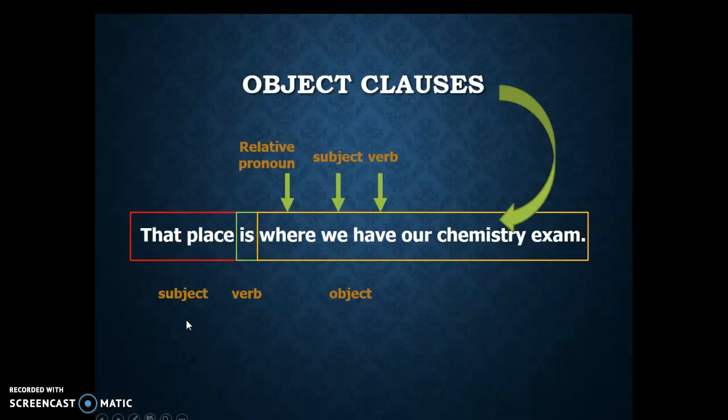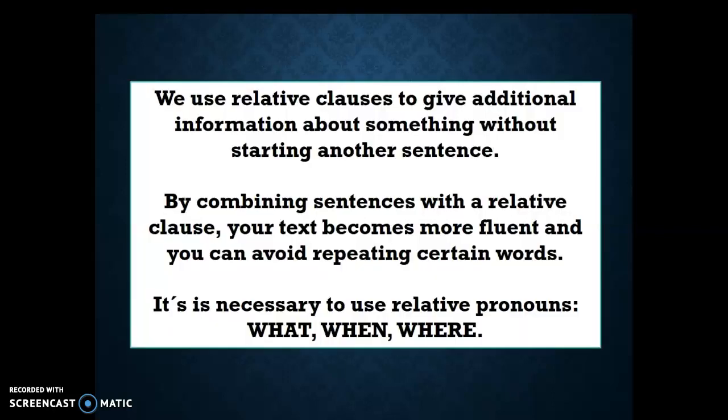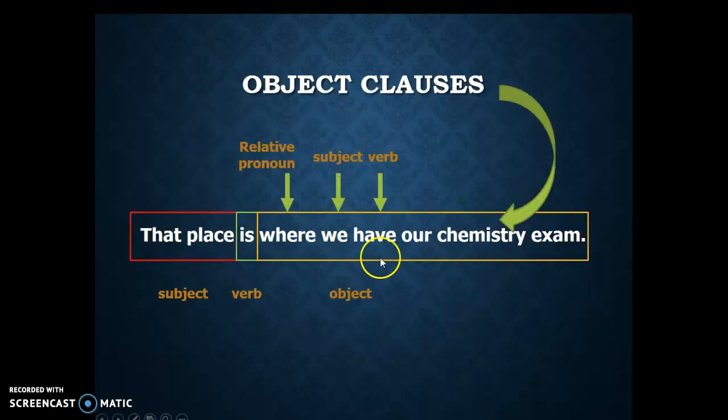It's not necessary to write another sentence. We have everything in just one. By combining sentences with a relative clause, your text becomes more fluent and you can avoid repeating certain words. That's why we combine two sentences into one, as we did in this example.